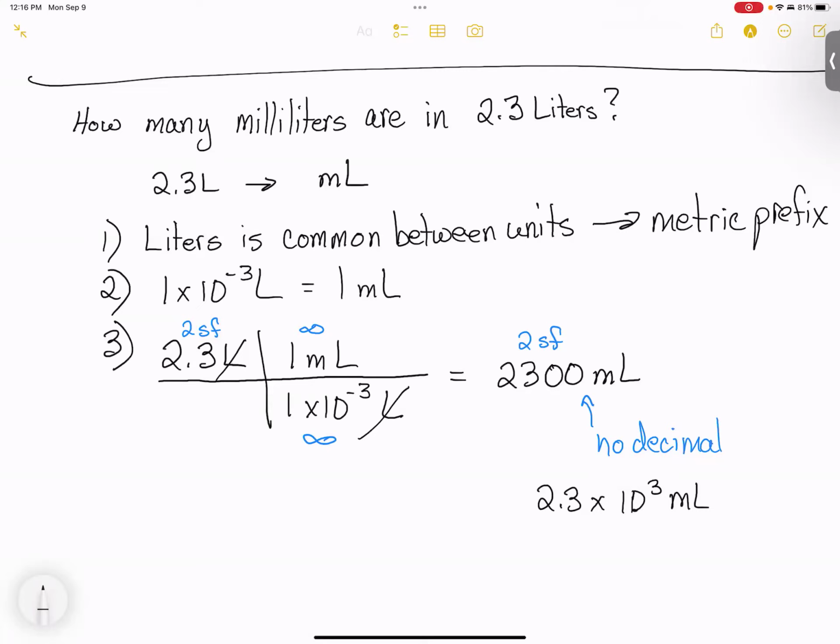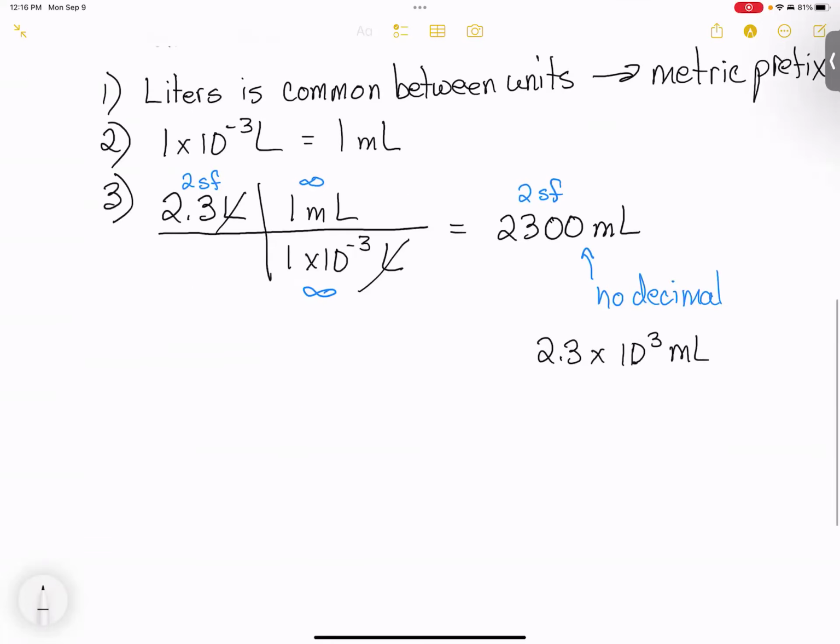Yes. So how are you keying that into the calculator? Like, are you just doing 2.3 times 1 divided by 1? Okay. So the question is, how do I key it into the calculator? It's 2.3 times 1 divided by, and then 1, second, E, well, it's technically a comma, minus 3.